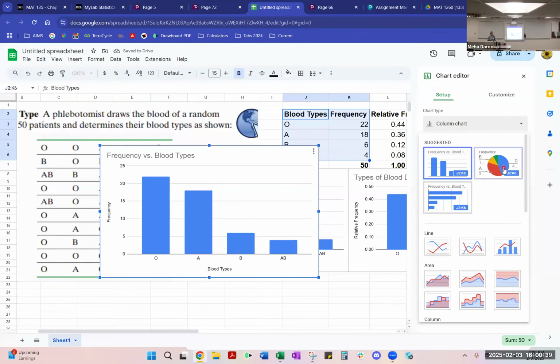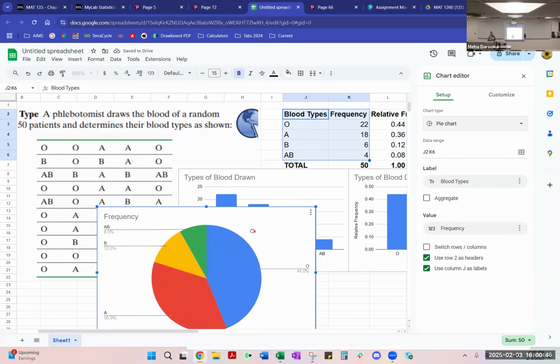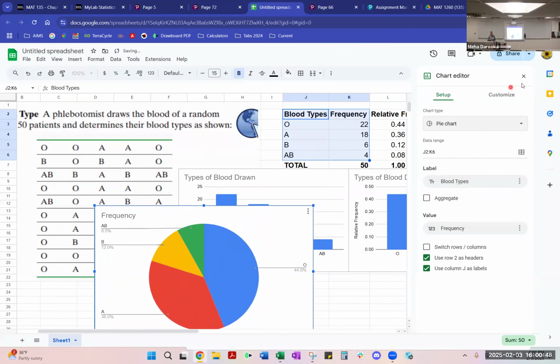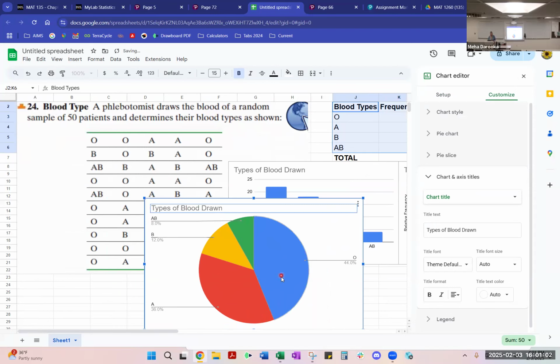This time, since by default it gave us a column chart, we'll select the pie chart, and you will see how different this looks, because you obviously do not have a horizontal axis or vertical axis. This was again our title, types of blood that was drawn from our patients.